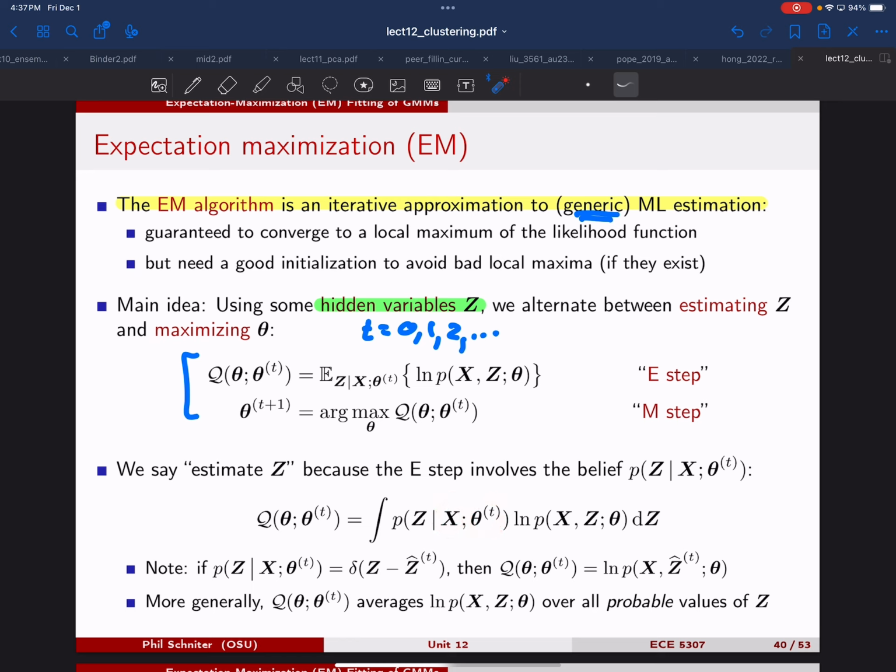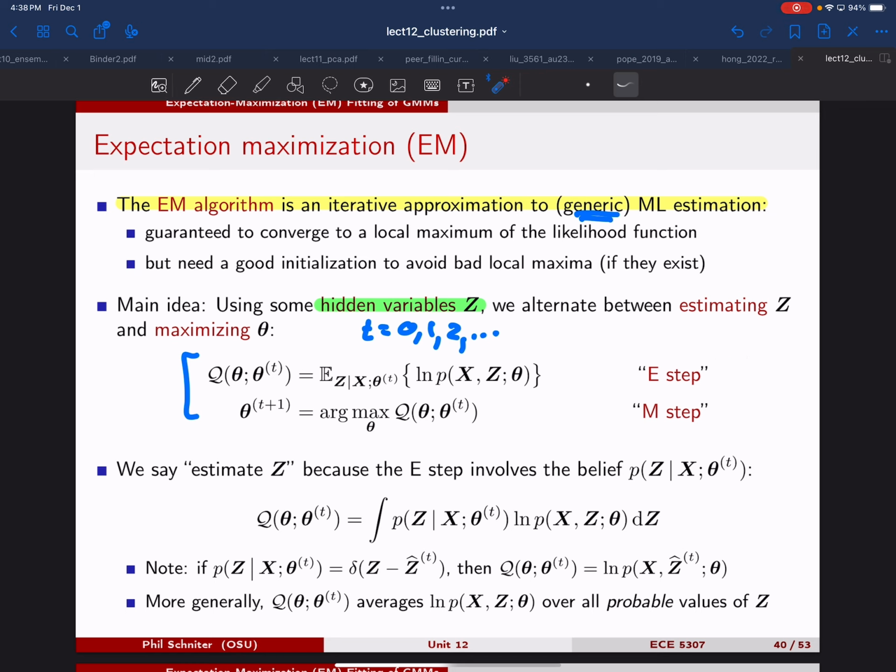And so instead of just plugging in z hat into this function, we're just averaging that function over all our beliefs about z hat. We're just taking the average. So that's what this Q function is.